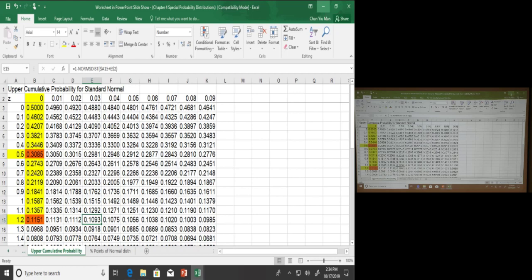Before I close this one, let me ask you. I want to find the little z such that the chance of the standard normal greater than this value is 5%, that is, 0.05. Is this the answer?